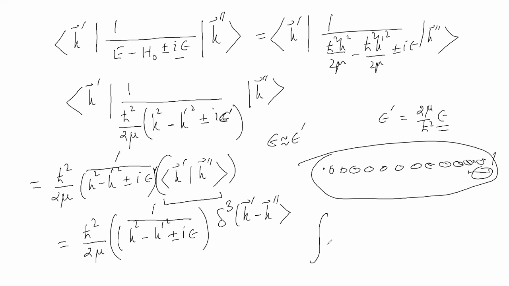Okay, and as you can see, we had this expression delta cube K minus K prime K double prime, say dk double prime. This is equal to 1 when K prime will be equal to K double prime.